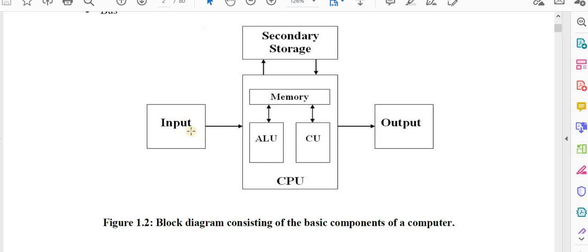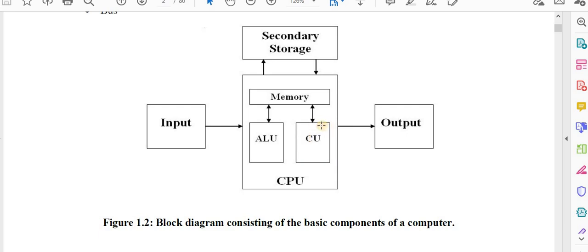So if we talk about input devices, the data is entered through the input devices, such as keyboard, mouse, scanner, or web camera. So inputs are given with those devices, and a set of instructions is processed by the CPU.